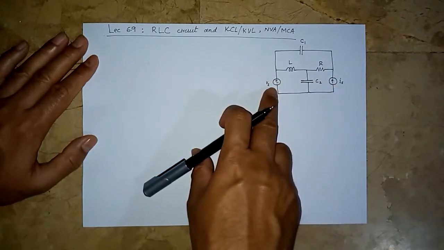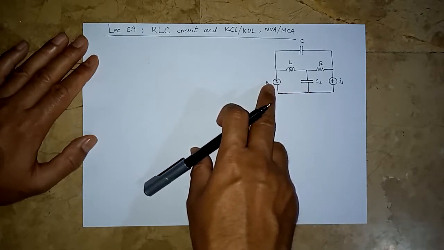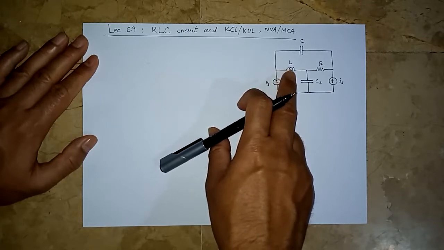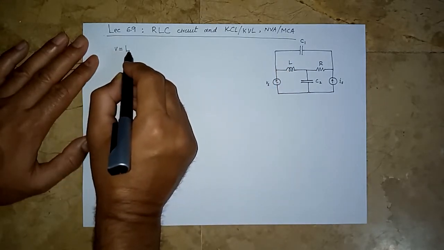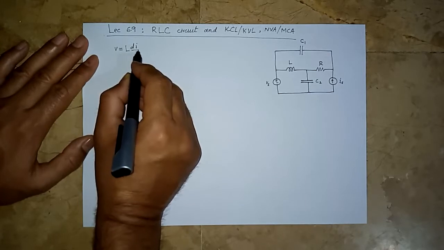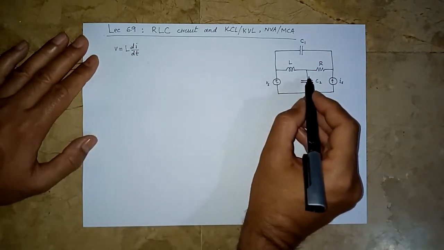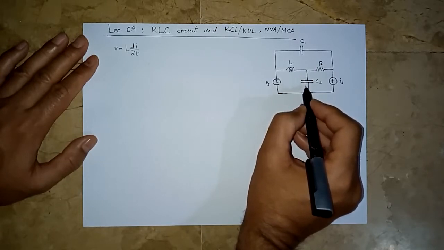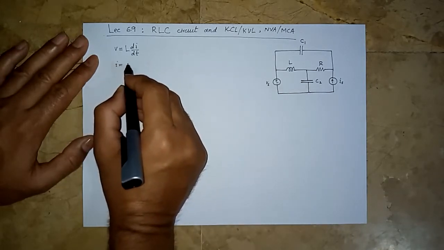Why? Because we already know that for the case where currents through inductors are constants, the voltage across them is zero. V is equal to L di by dt. If the current through an inductor is constant, the voltage across it would be zero. And if the voltage across a capacitor is constant, the current through it is going to be zero.